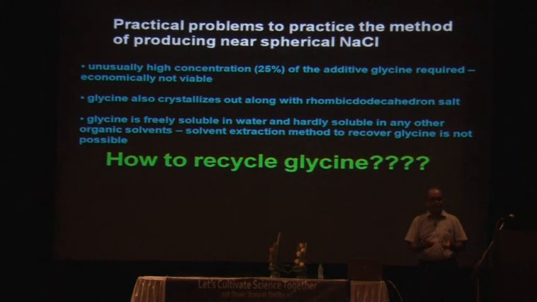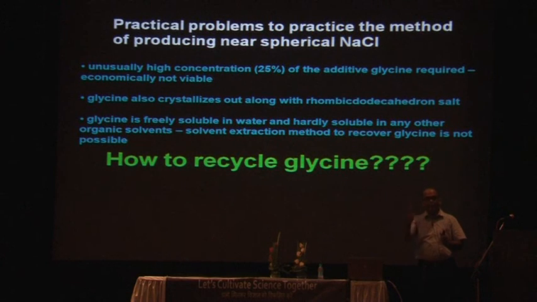Because now, what you can do, you know that saturated sodium chloride solution can actually dissolve glycine. So in the first batch, when the crystals come out, you have the sodium chloride and glycine. You add saturated sodium chloride solution into it. Sodium chloride will not be dissolved, but glycine will be.